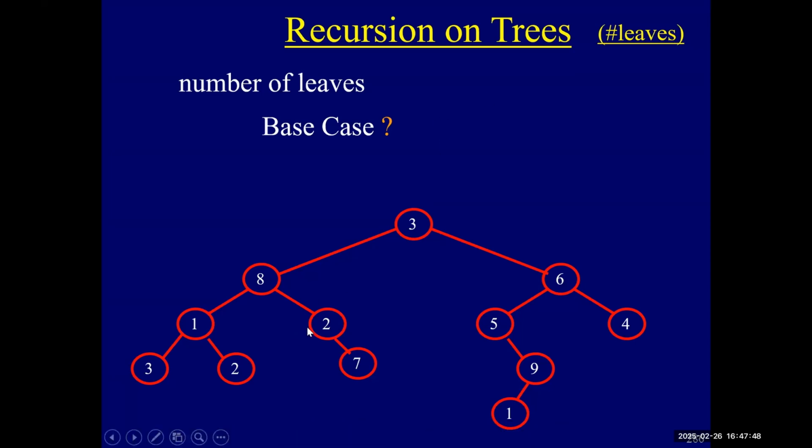All right, so if nobody's getting the empty tree, let's redo the empty tree, right? So node 2, it does have a left child and it does have a right child, right? The right child is clearly 7. The left child is the empty tree, right?